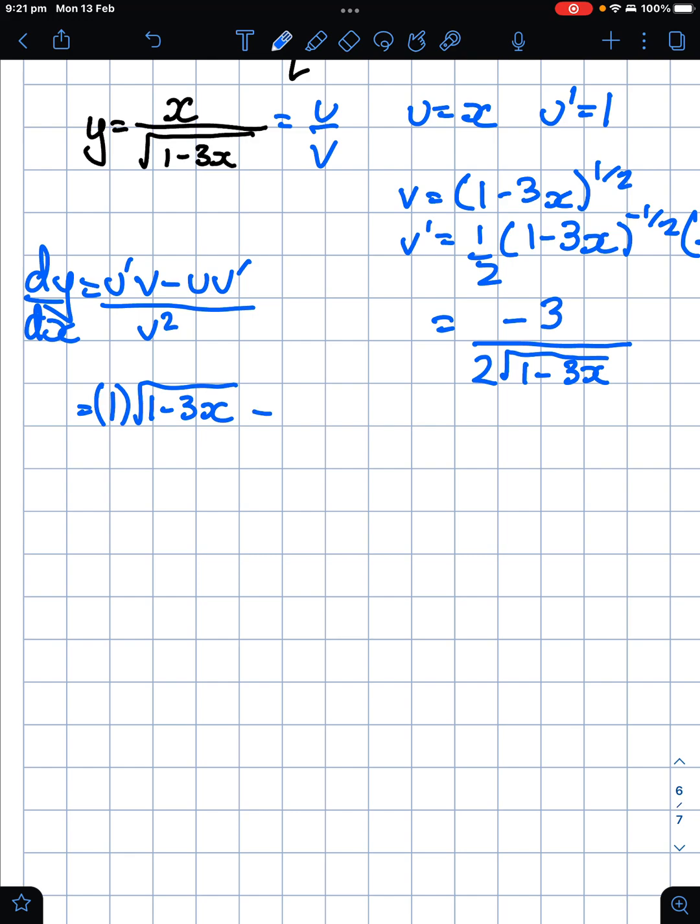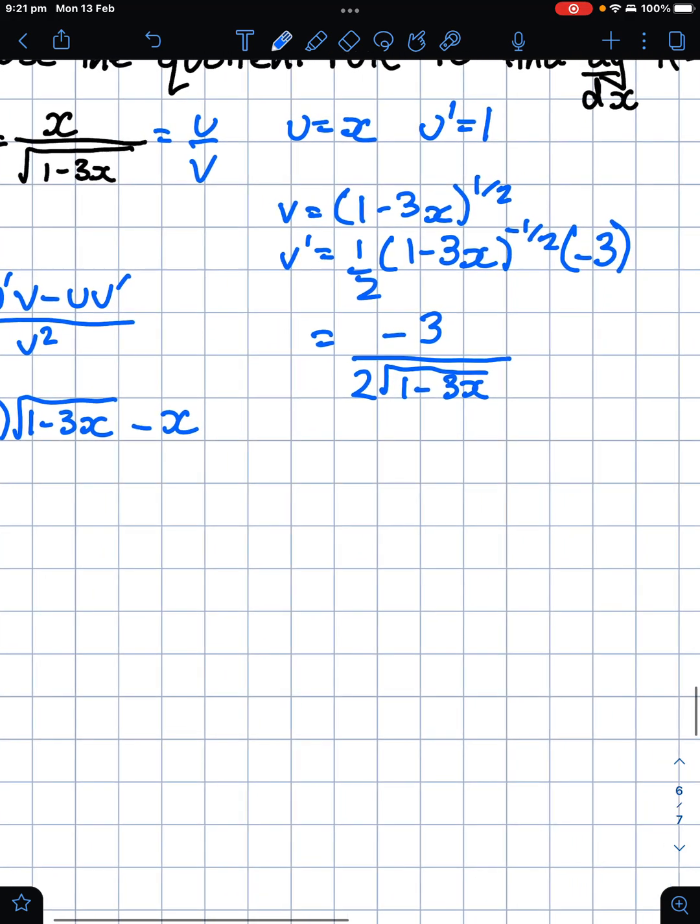And then we've got minus u was x, and v dash was this thing here, so I'm just going to put it in a bracket, negative 3 over 2 root 1 minus 3x, close bracket.